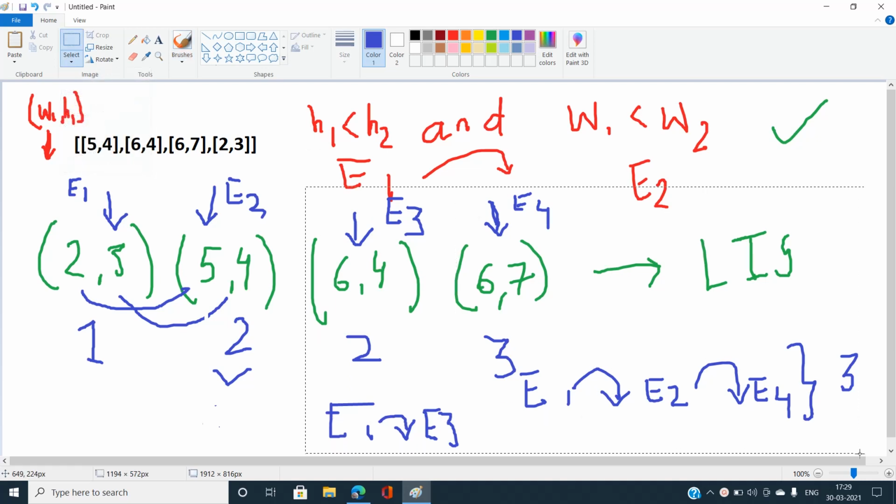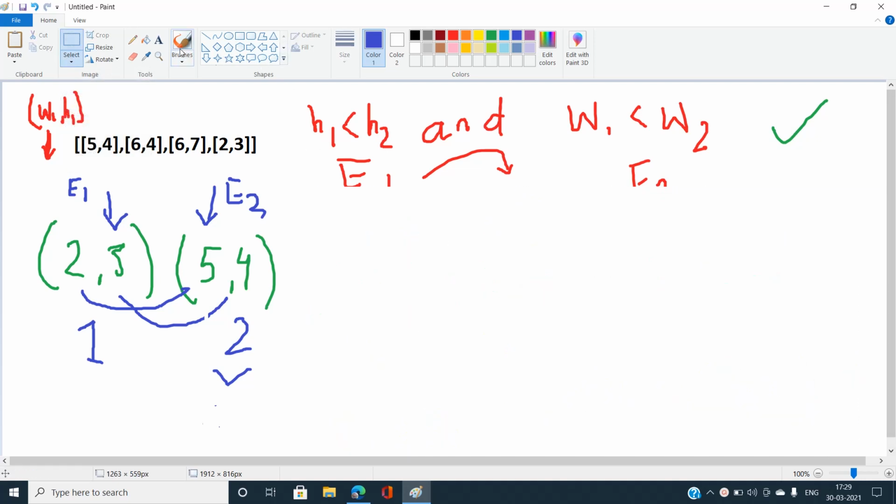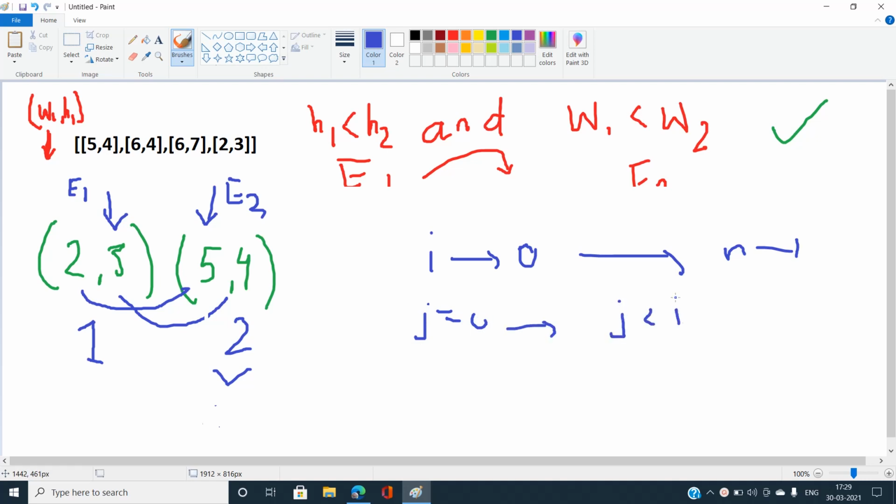Let me erase this one. Let me write the DP relation: for every i starting from 0 to n minus 1, start from j equal to 0 to j less than i, and find the maximum sequence of envelopes possible for this ith one. So dp of i is going to be the maximum of the already taken value of dp of i, and 1 plus dp of j.